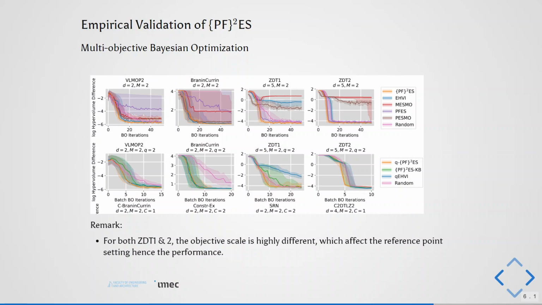This is simply explained by the fact that EHVI depends on the reference point, a hyperparameter of the acquisition function that is sensitive to the scale of the objective functions. And here we are able to say that the PF2ES acquisition function does not really have such an issue, because it avoids the specification of the reference point.